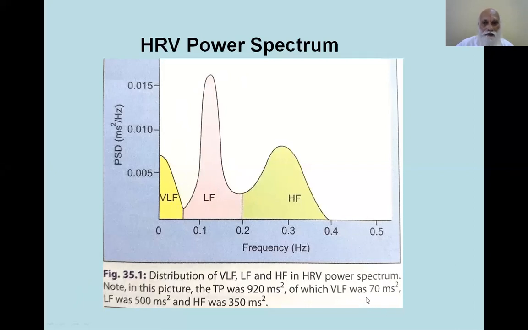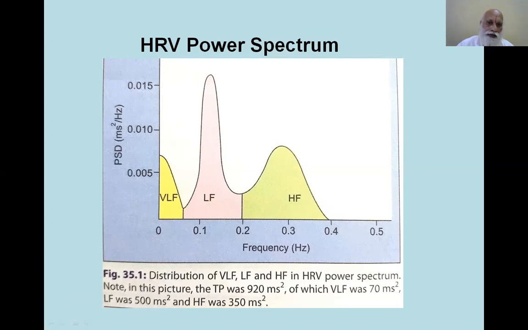Of this, the very low frequency spectrum is 70 square milliseconds. So this yellow area is 70 milliseconds squared for the very low frequency. For low frequency it is about 500 square milliseconds, and high frequency is 350 square milliseconds.